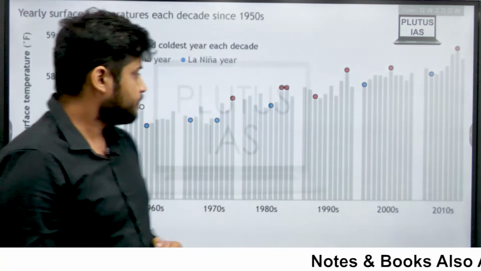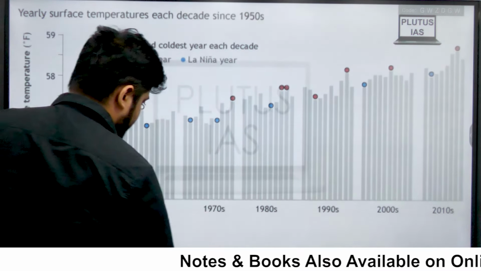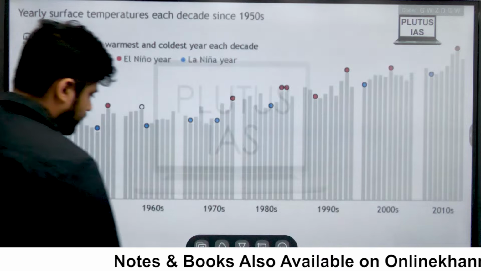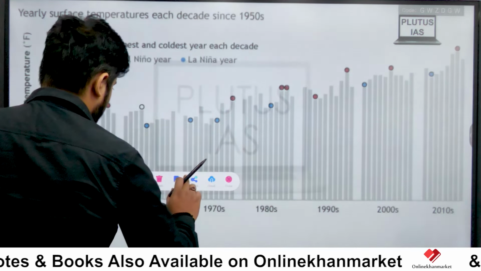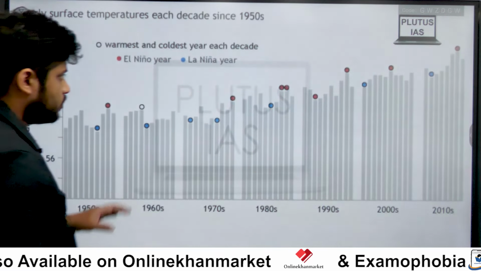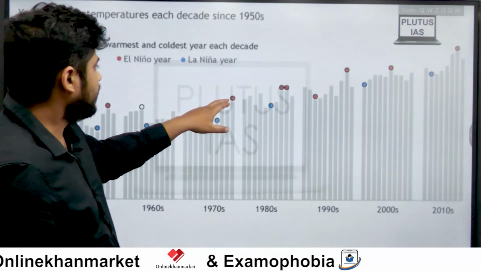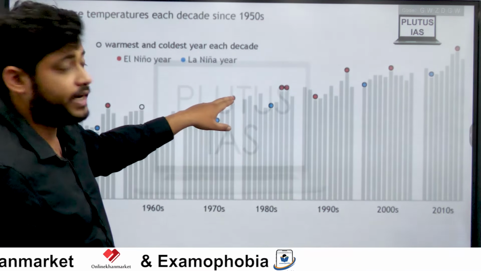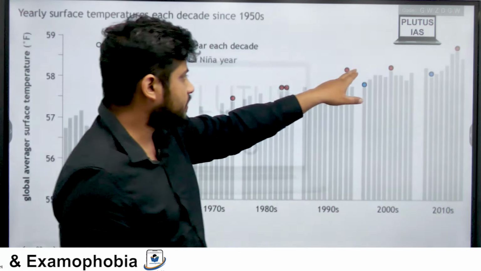And we have also noticed one thing: you can see the red dots in this graph. Those red dots indicate that these are the El Nino years. So El Nino years are usually those years where the average sea temperature is more than normal.